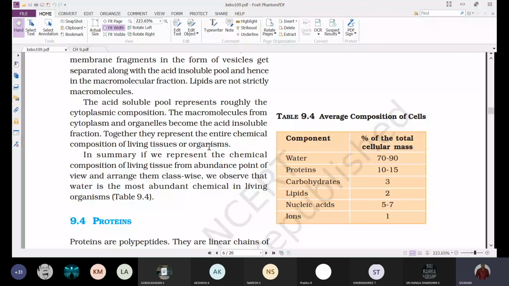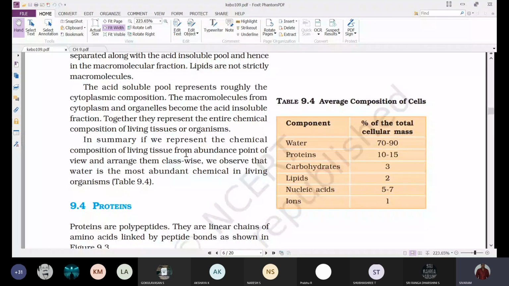Next, in summary, if we represent the chemical composition of living tissue from the point of view of abundance and arrange them class-wise, from higher abundance to lower abundance, we observe that water is the most abundant chemical in living organisms.